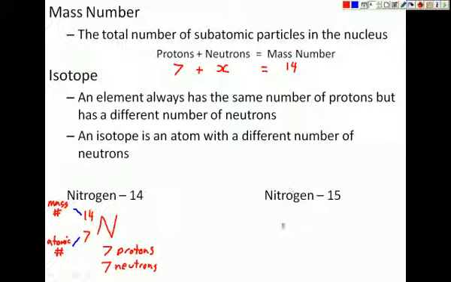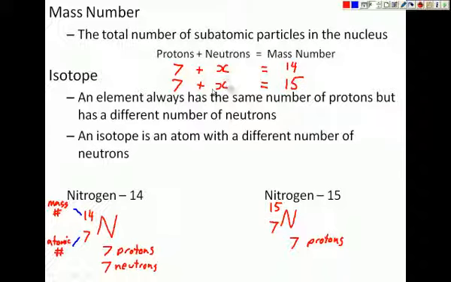Now here's an isotope. It is nitrogen 15. It also has 7 protons, or in other words, an atomic number that is 7, but its mass number is 15. So again, 7 protons, but this time its mass number is not 14, but it's 15.